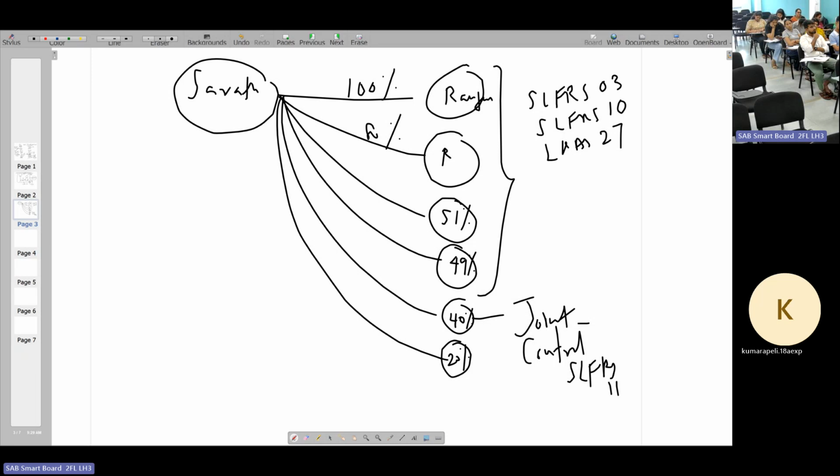Control කරන්න නෙමෙයි, influence එකක් දෙන්න. If possible, that is an associate. What is the standard? LKAS 28. Associate. Okay?